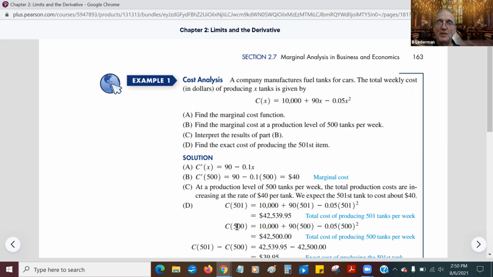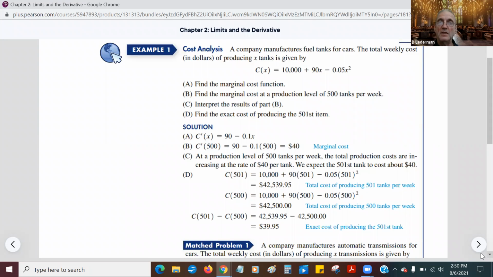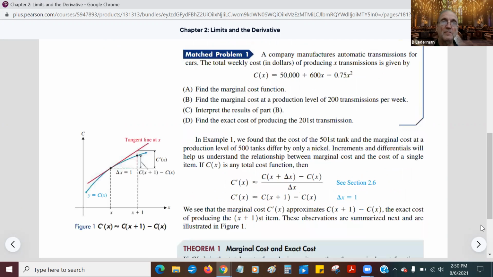And C of 500 is going to be 10,000 plus 90 times 500 minus 0.05 times 500 squared, which is 42,500 even. And C of 501 minus C of 500 is $39.95, which we said before was about $40. And that, my friend, is the exact cost of producing the 501st item. Yay.